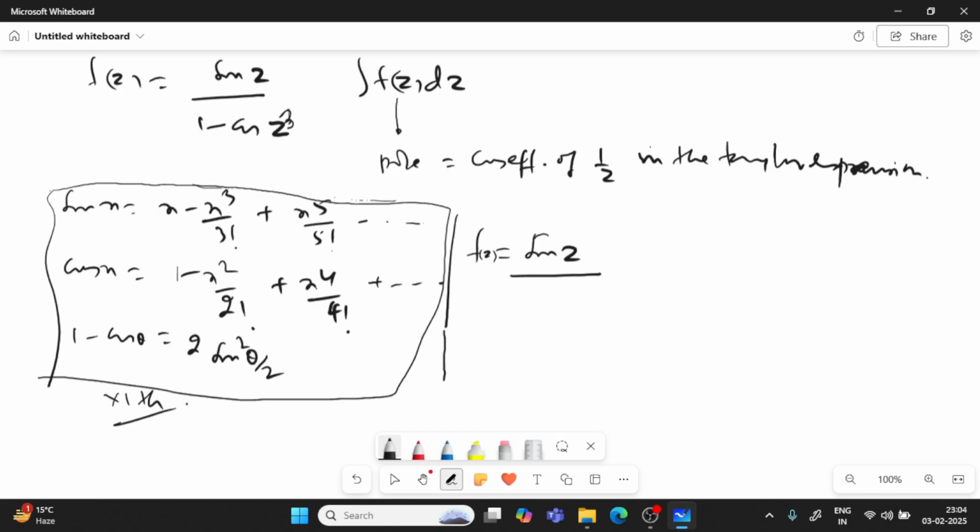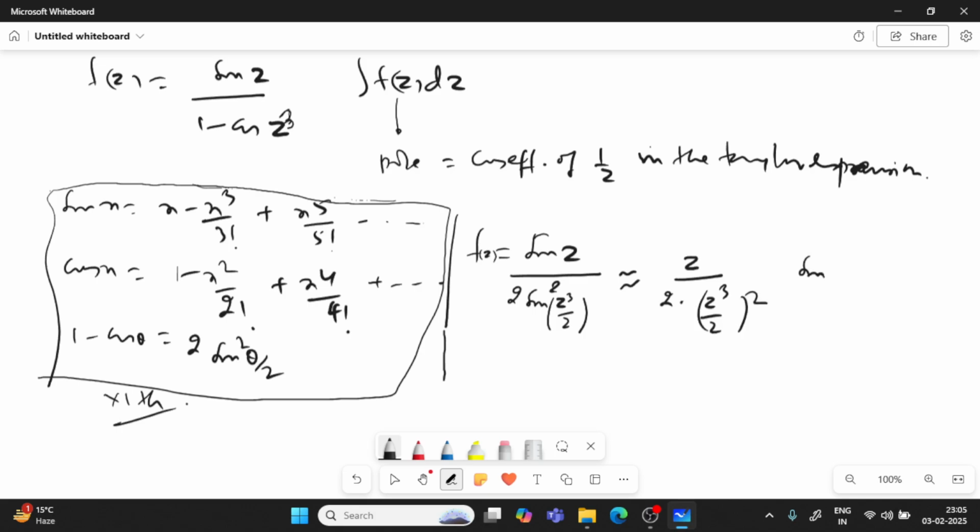Okay. So 1 minus cos theta is 2 sin square theta by 2. So it will be 2 sin square z cubed by 2. So it can be approximated to z upon 2 into z cubed upon 2 whole square.